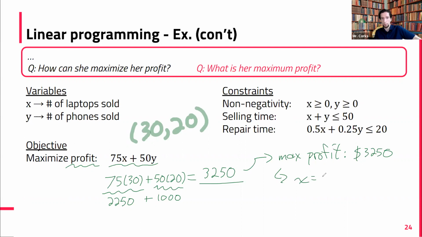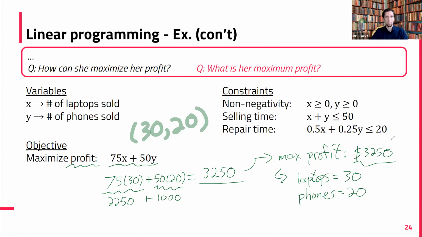Let's write this out as laptops, repair and sell exactly 30 laptops and 20 phones, and that will give us the maximum possible profit. So here's the best solution and here's how to get it.